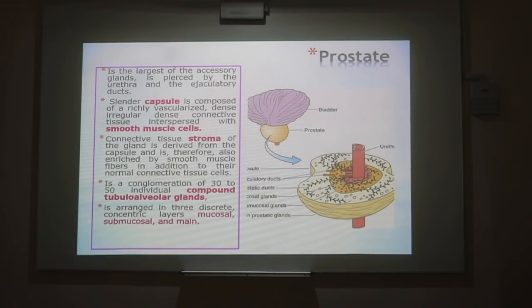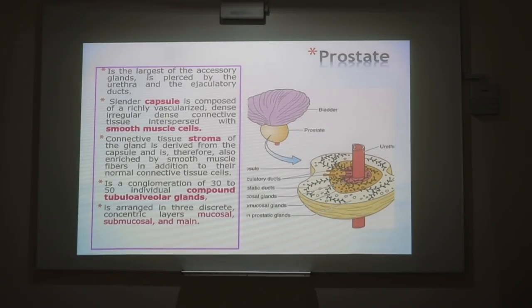These glands are divided into 3 zones. The zone which is around the urethra is called the mucosal glands. Then you have the intermediate glands, which are present outside the mucosal zone. And then you have the largest glands, which are called the peripheral glands, on the outermost zone.